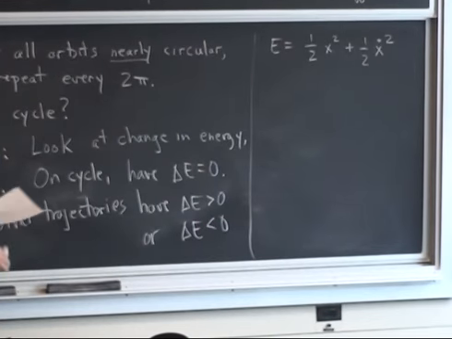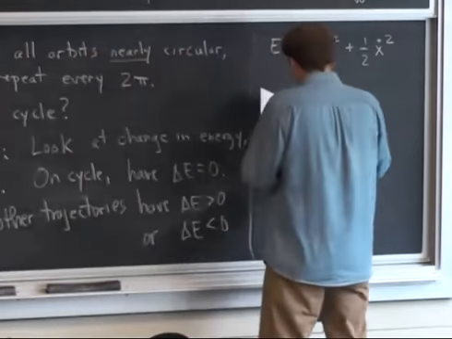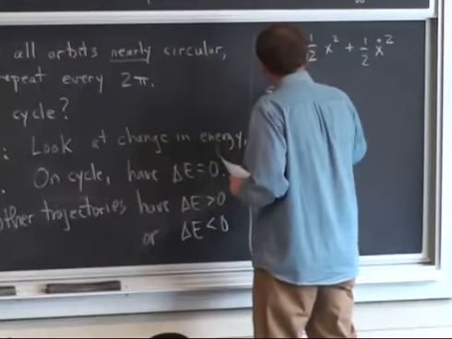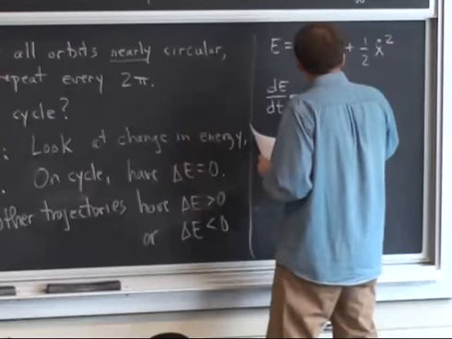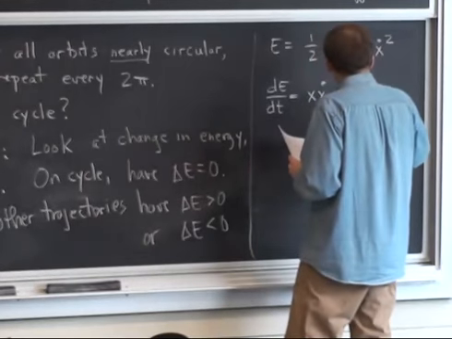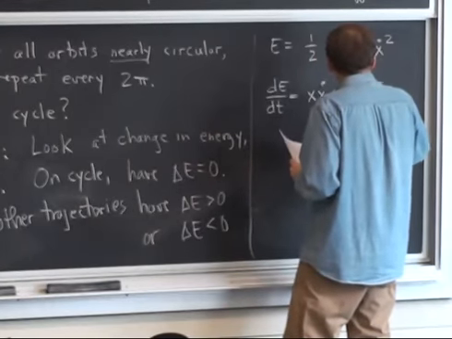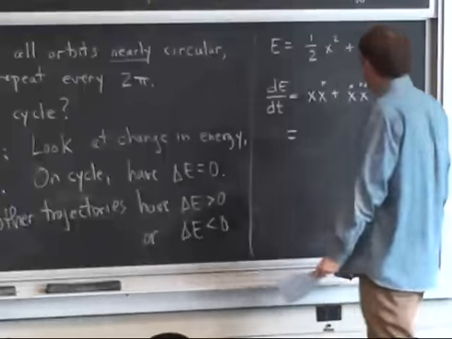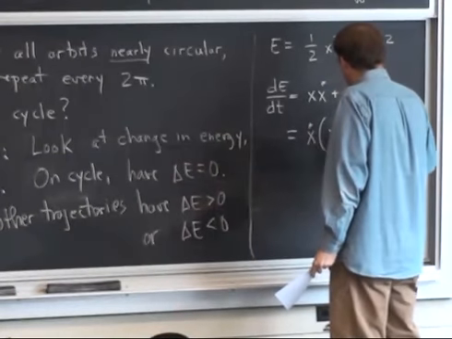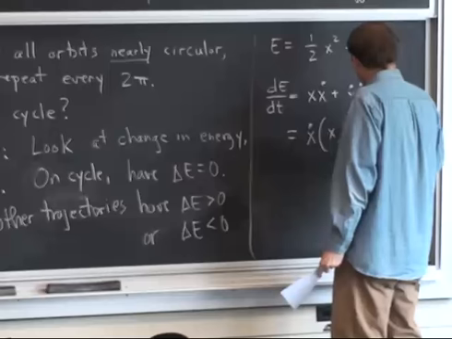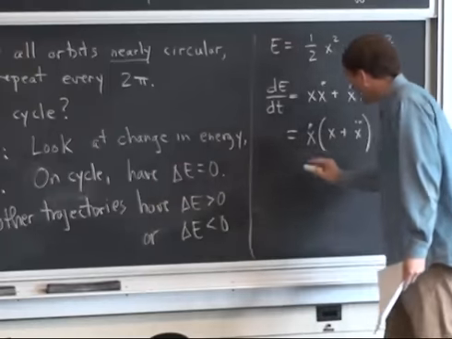And so then we can ask, how does that change? Well, its time rate of change would be x x dot plus x dot x double dot. And factor out the x dot, x plus x double dot factors out.